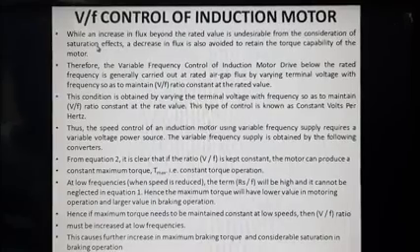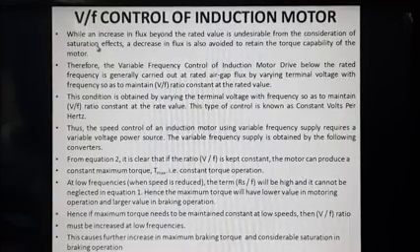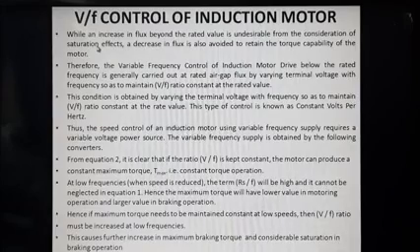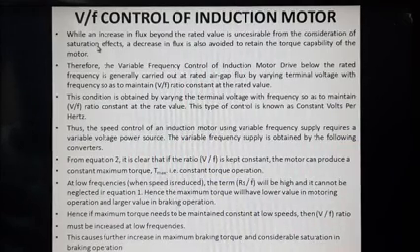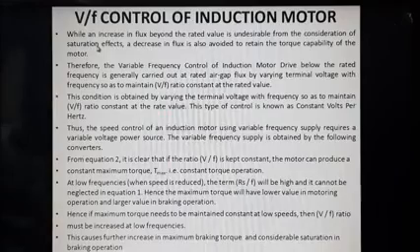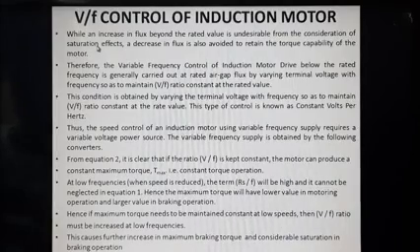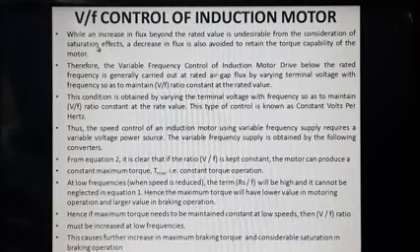So this particular method of maintaining a constant V by F ratio is known as constant volt per hertz, or constant V by F control of induction motor. We are going to study that in detail here. Once again, this particular method of speed control is used only when the speed control has to be achieved below the rated speed by varying the frequency below the rated frequency.